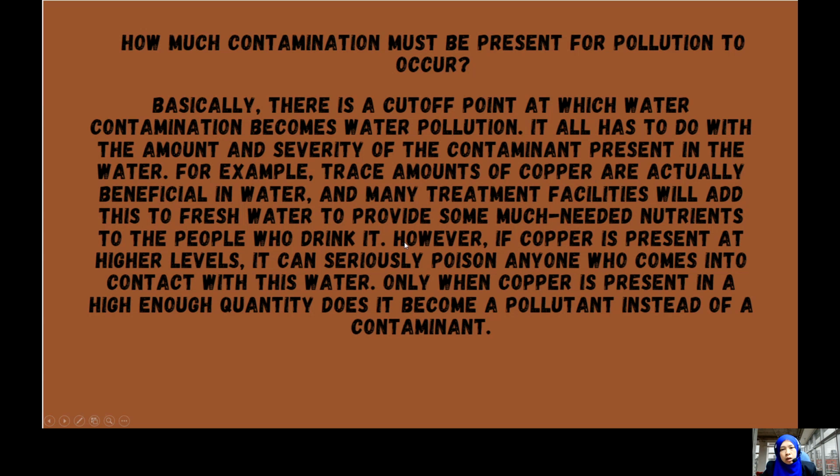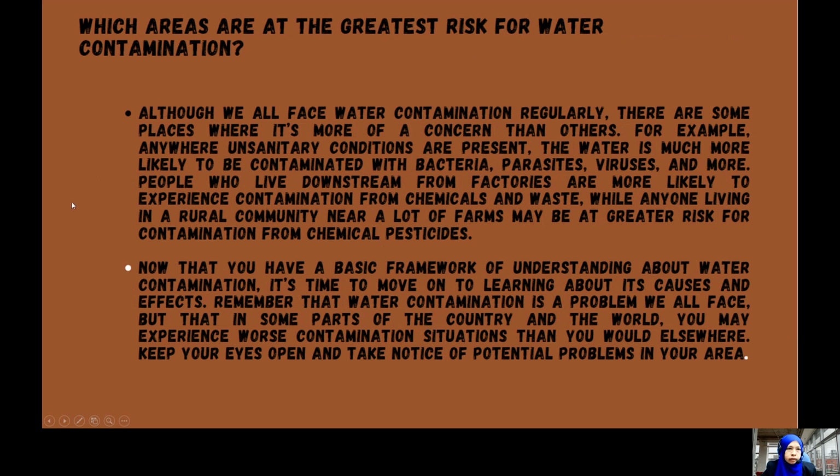However, if copper is present at high levels, it can seriously poison anyone who comes into contact with this water. Only when copper is present in a high enough quantity does it become a pollutant instead of a contaminant.